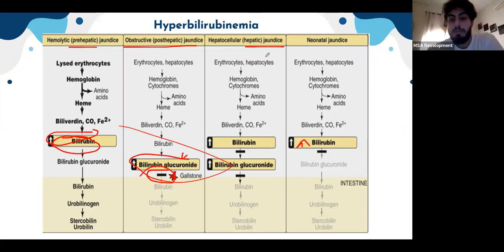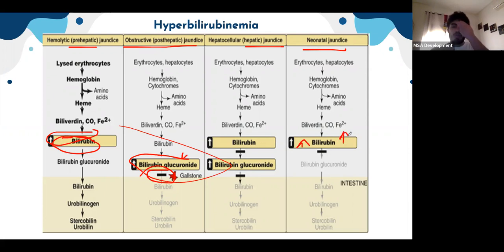So for hepatic jaundice, we talk about an increase in both unconjugated and conjugated bilirubin. So we talk about both here. In neonatal jaundice, for the sake of this lecture, it's always going to be an increase in unconjugated bilirubin.